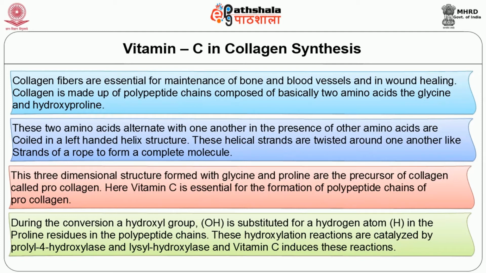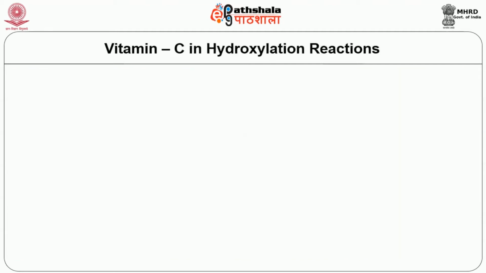Students, did you understand how collagen is synthesized and how vitamin C is essential for the formation of polypeptide chains of procollagen? Let us now go to the next function of vitamin C, which acts in hydroxylation reactions.